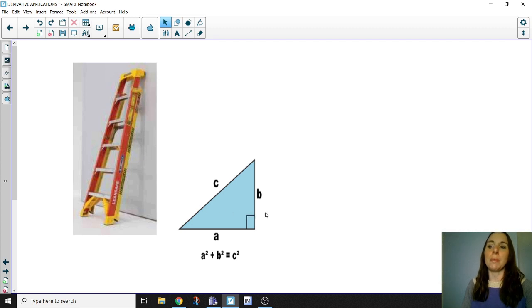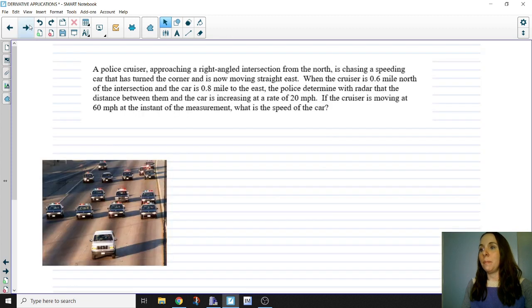What I really mean by that is that this distance is not changing at the same rate as this distance. And it's because of the relationship between these values in the Pythagorean theorem. Now, that might not be the most exciting example, so instead of going through any specifics with that example, let's look at this one.